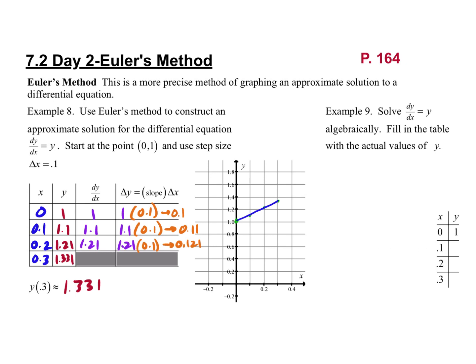Since this equation is separable, we can find the actual value, okay? And we can see how far off our approximation is from the actual values. You won't always be able to do this. I mean, let's face it, if it was separable and you could integrate it and find the actual values, there's no reason to do any of this, right?